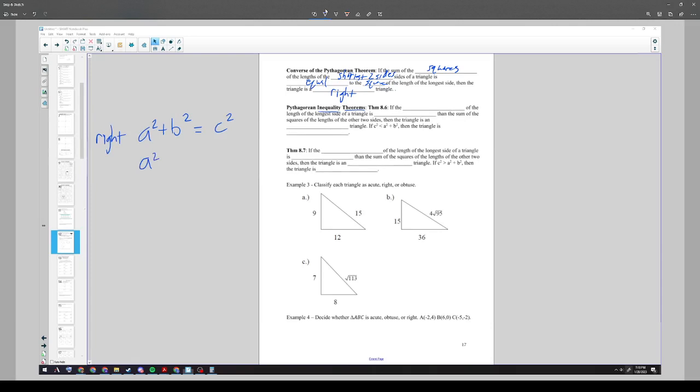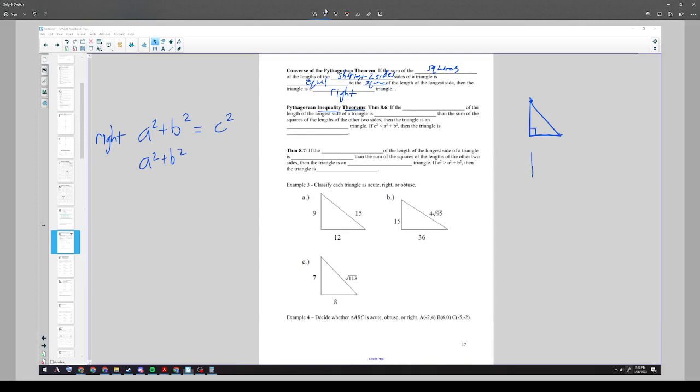But if a squared plus b squared, so imagine my right triangle like this, a squared plus b squared is equal to c squared. But now I make one of my legs, how do I want to say? So I'm keeping c squared the same, but now a squared plus b squared is going to be bigger than c squared, which means that these need to be a little bit longer than what they are.